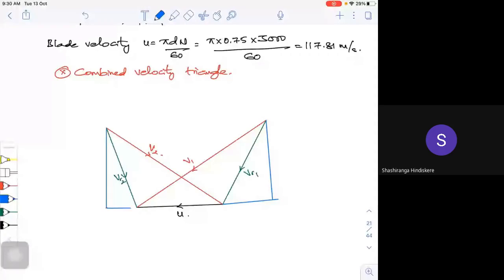So this is my triangle. This is my alpha 2, alpha 1, this is my beta 2, this is my beta 1.